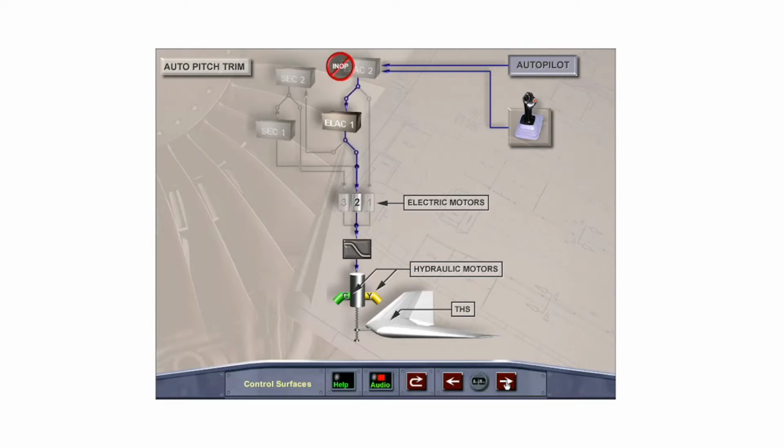If ELAC 2 or any of its associated hydraulic systems or components fail, control automatically shifts to ELAC 1 and its associated hydraulic systems and components. If both ELAC 1 and 2 fail, control automatically shifts to SEC 2 or SEC 1, depending on the nature of the failure.